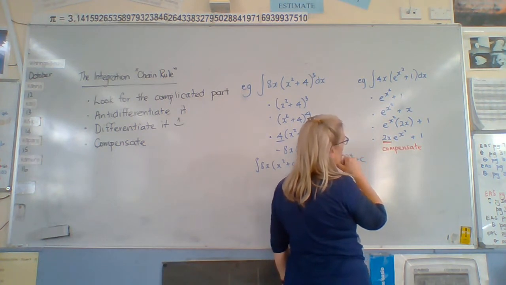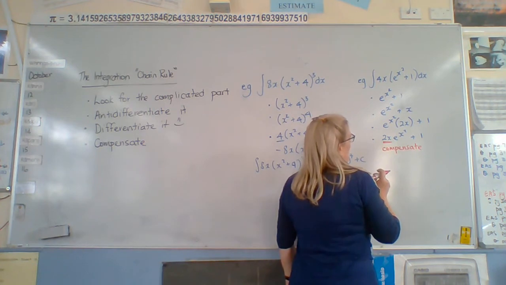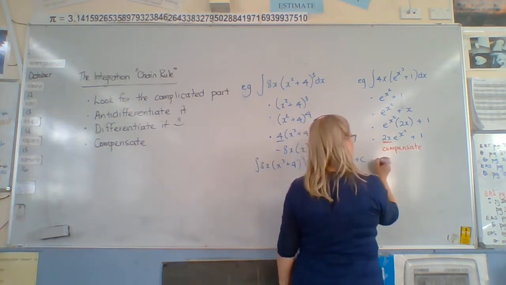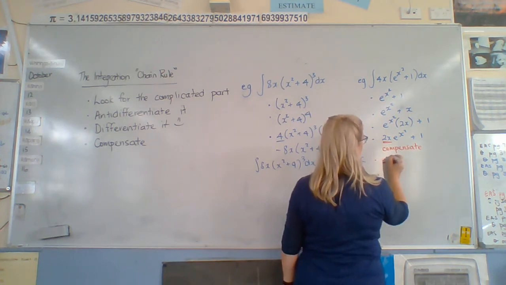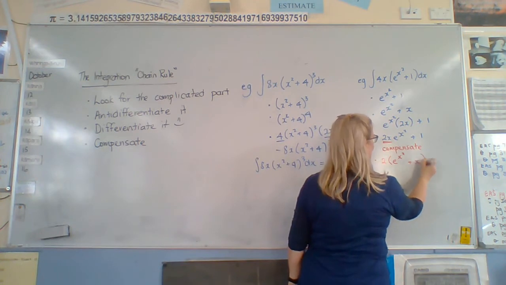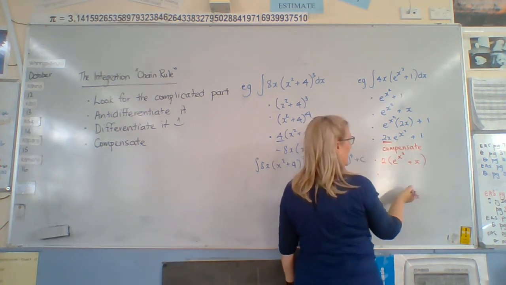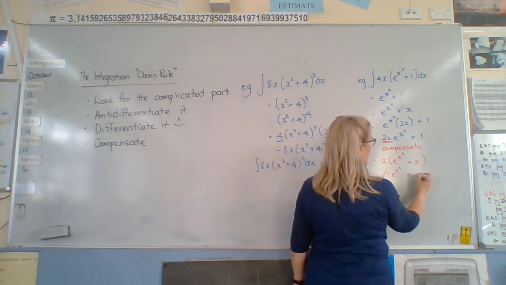I want to go back and do it how it's supposed to be done. Okay, so we're going to have to times it by 2. What does that give us? That gives us 4e to the x squared plus 2.